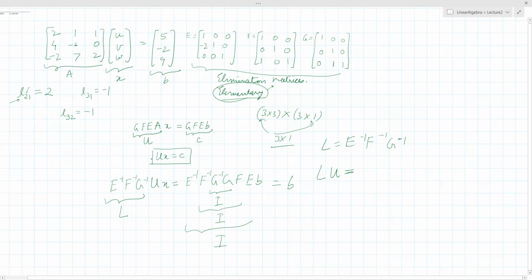F inverse into F is going to give you identity. E inverse into E is going to give you identity. So what is LU going to give? A. When you multiply L and U matrix, you get back A.